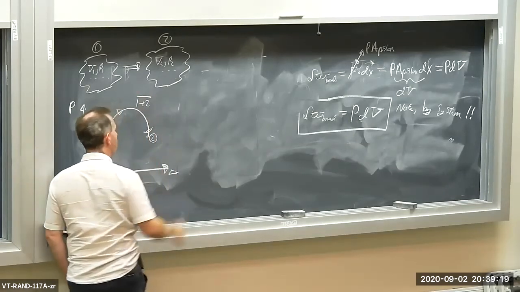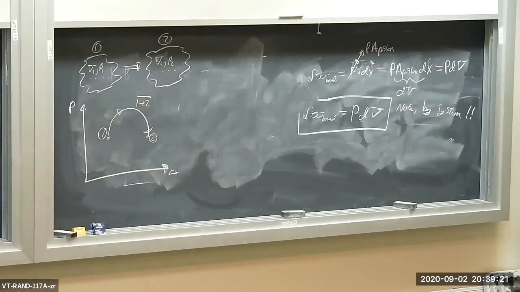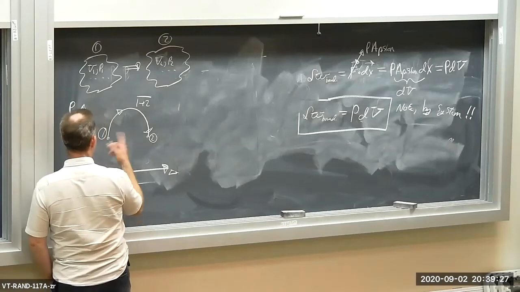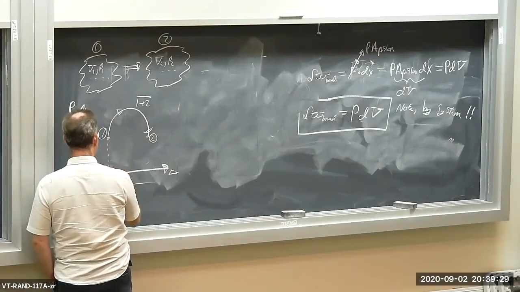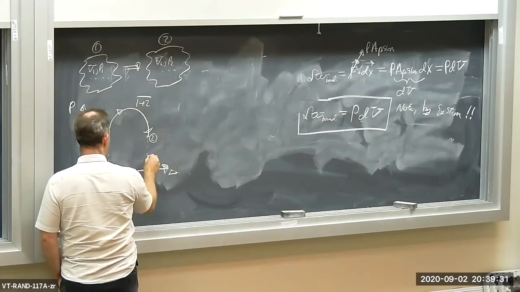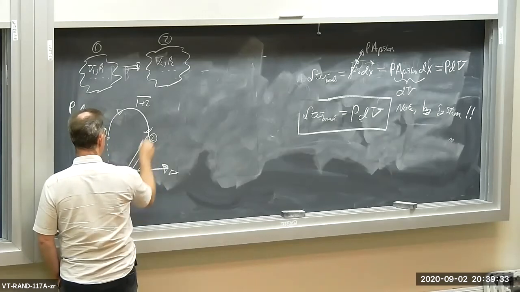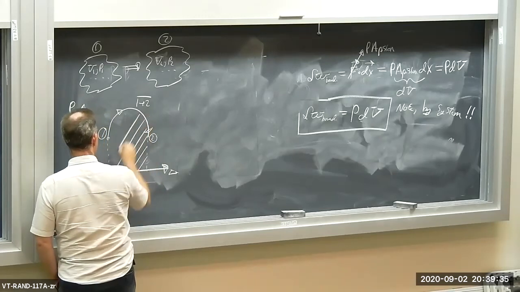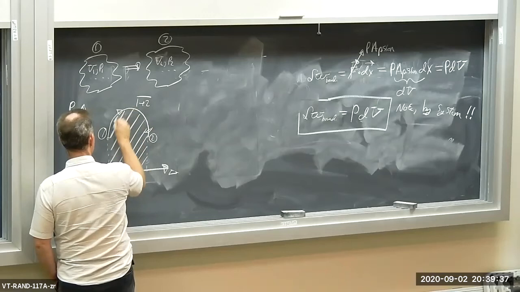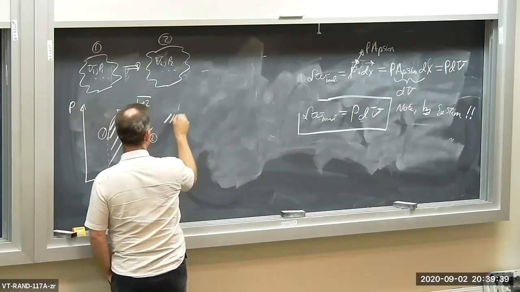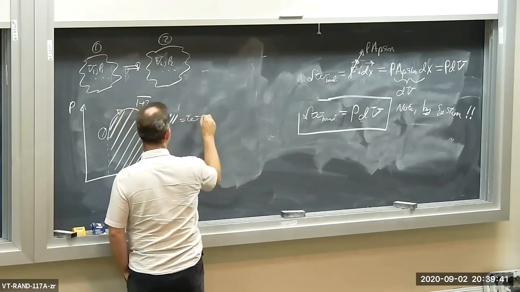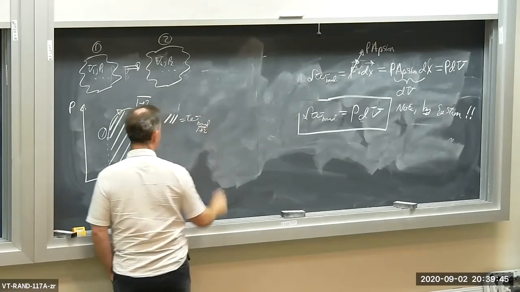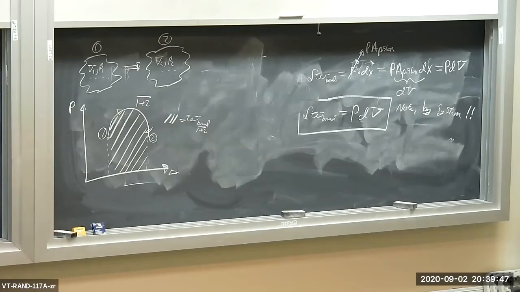I'll put a bar on top of it. That's process 1 to 2 with a bar. So the work, the boundary work is given by the area under the curve. So this represents boundary work 1 to 2 bar. Okay, that's the boundary work, 1 to 2 bar.